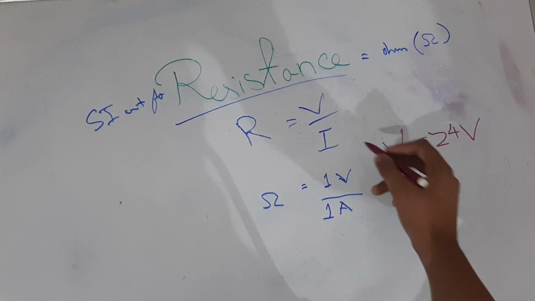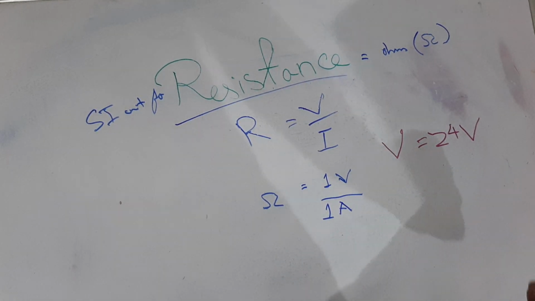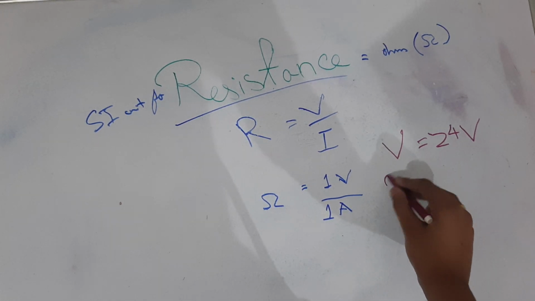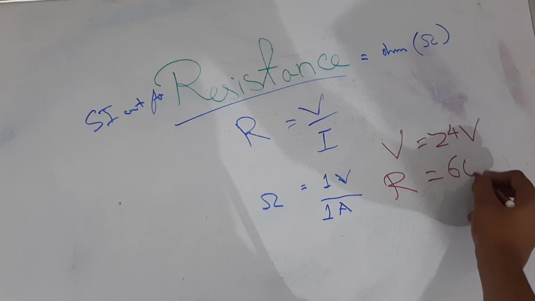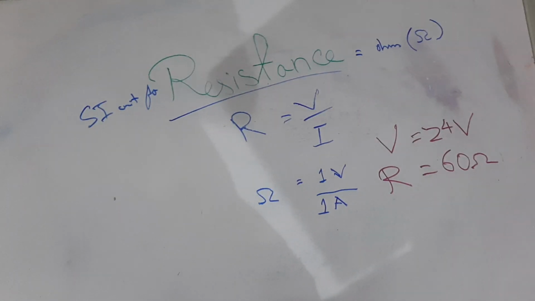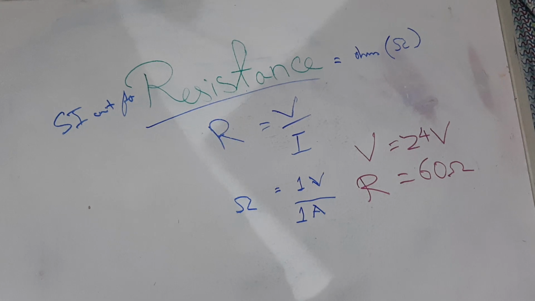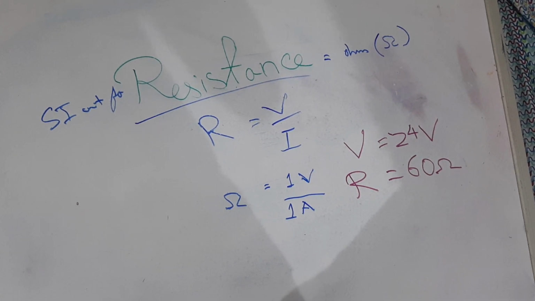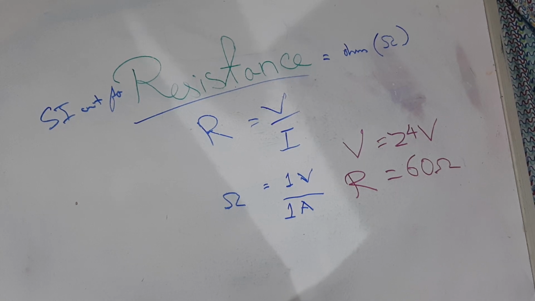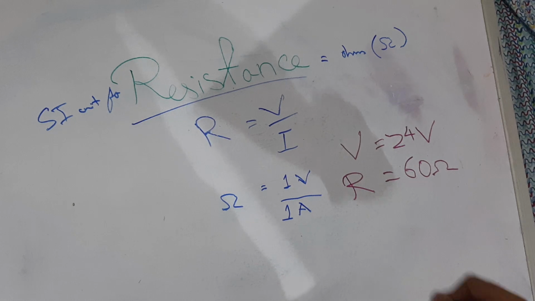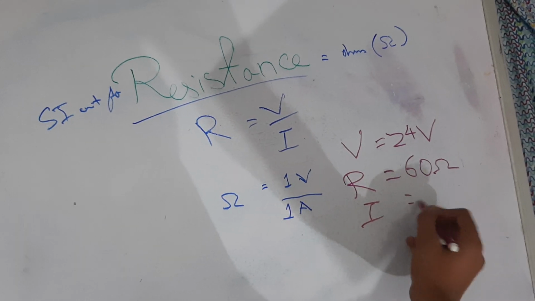So V, the potential difference, is given as 24 volts, and the resistance is given as 60 ohms, denoted by omega here. Then what will be the current in the circuit? Here we have to find I, which is current.